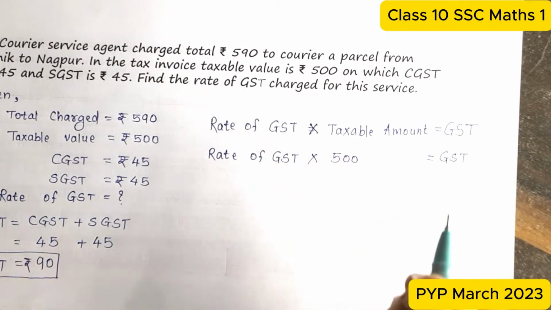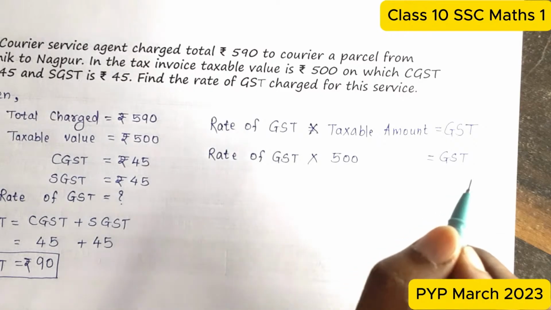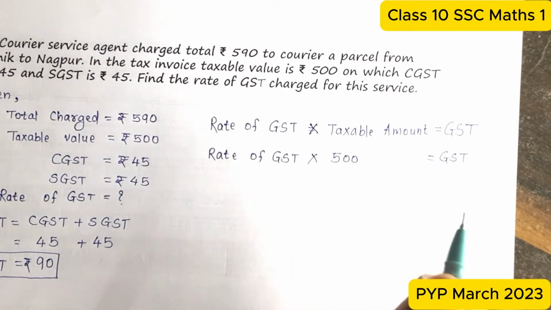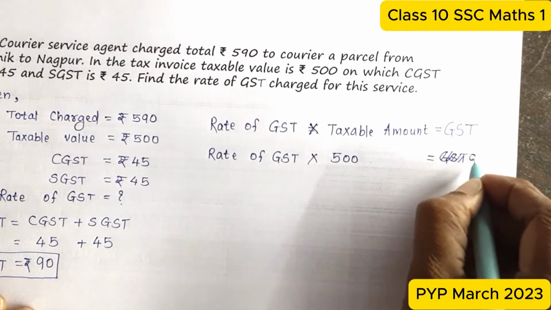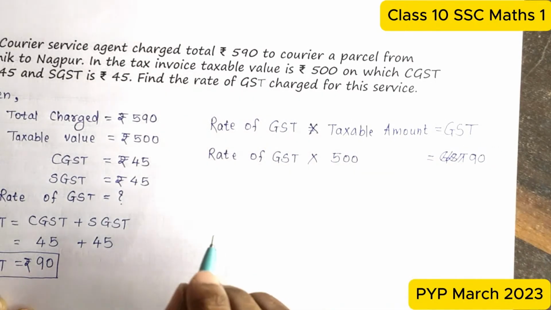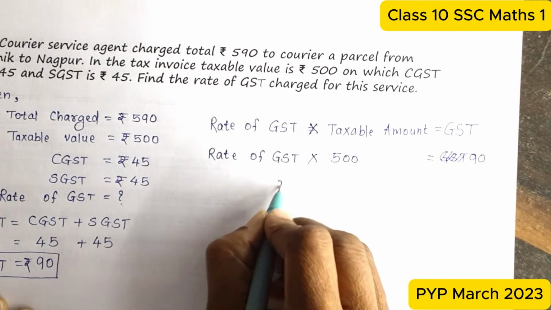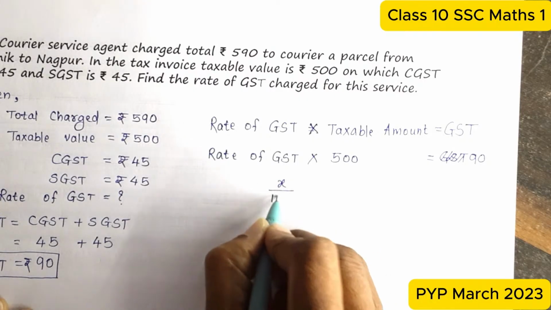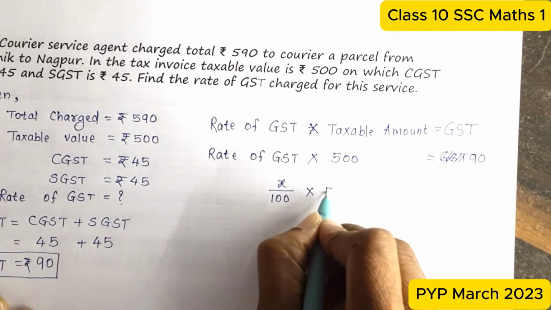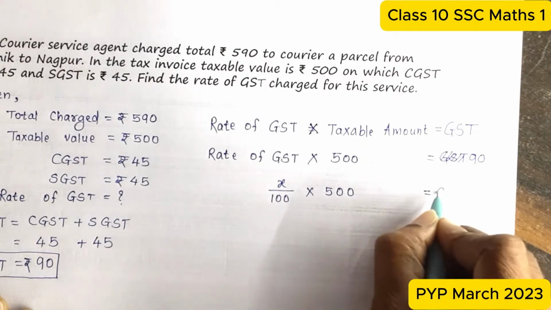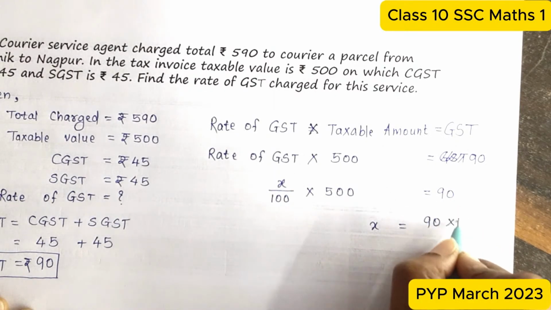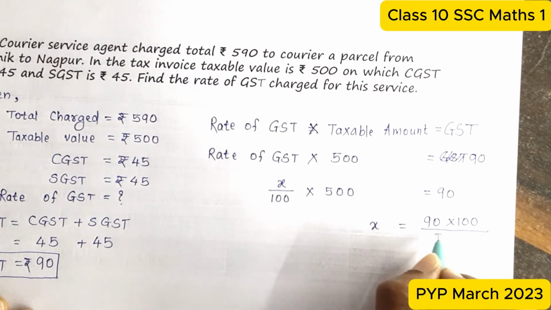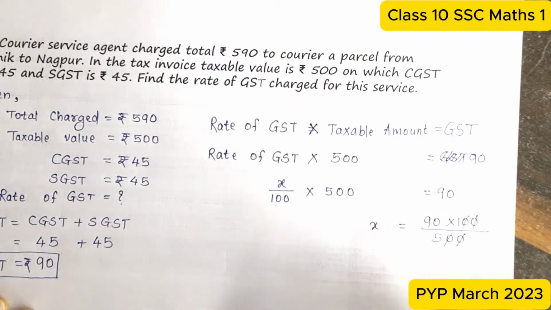Here we can solve this equation. GST is equal to 90. Here rate of GST we can consider X. So X upon 100 multiply 500 is equal to 90. Then X is equal to 90 multiply 100 divided by 500. Two zeros cancel from the numerator and denominator.